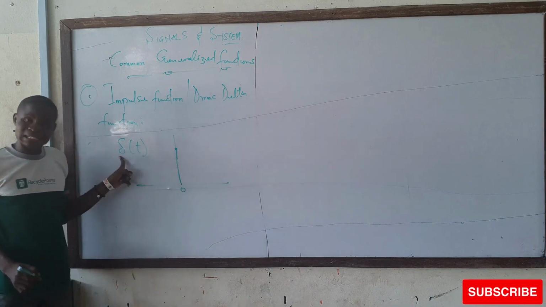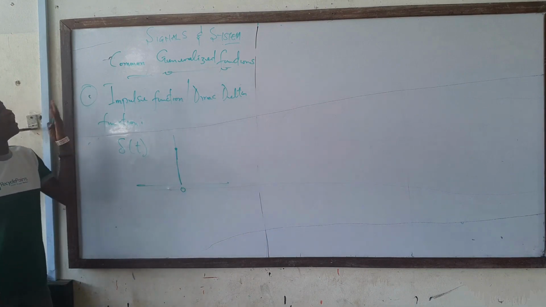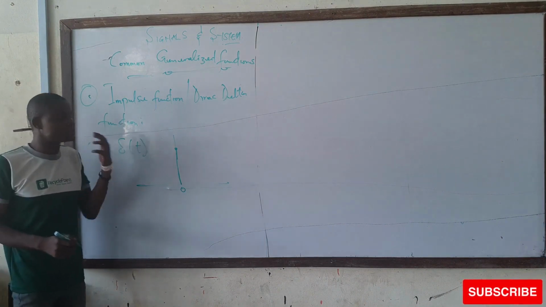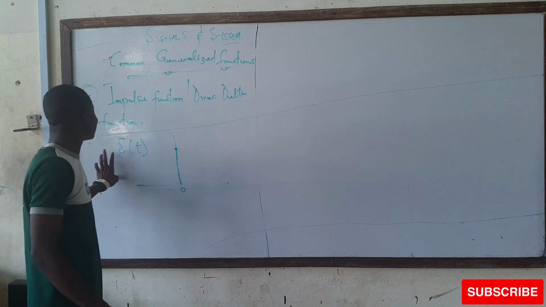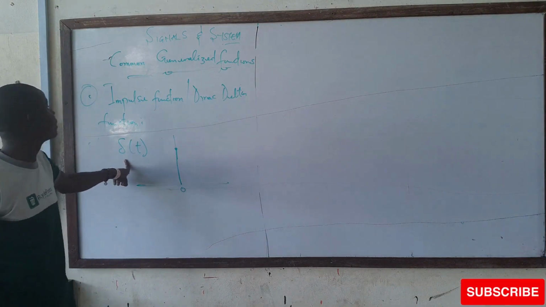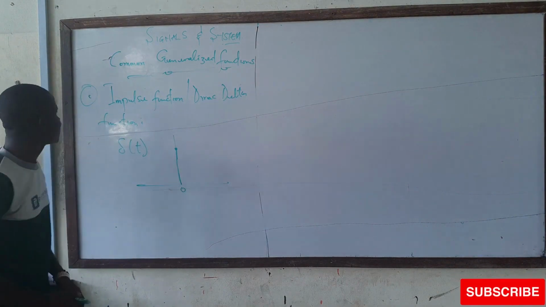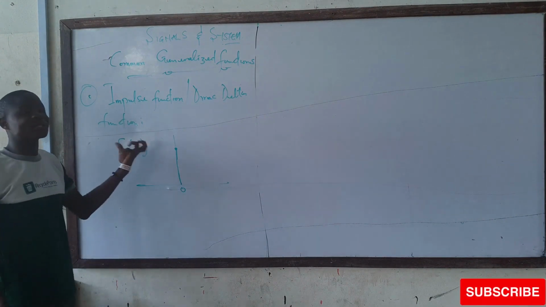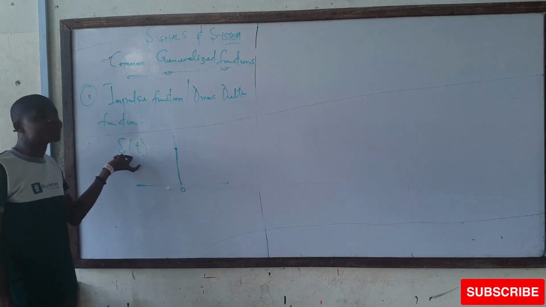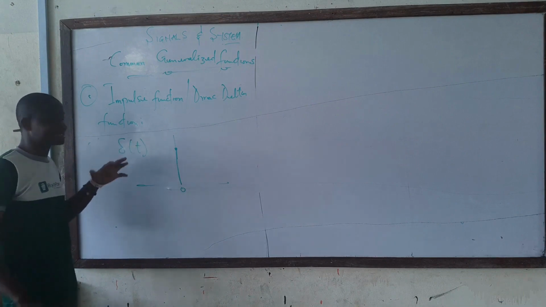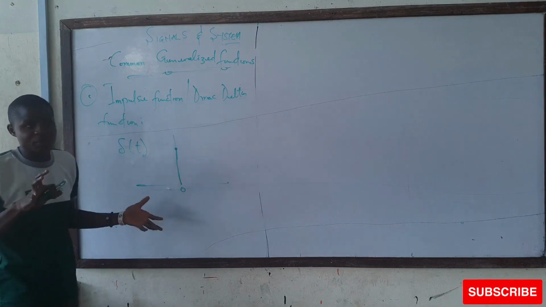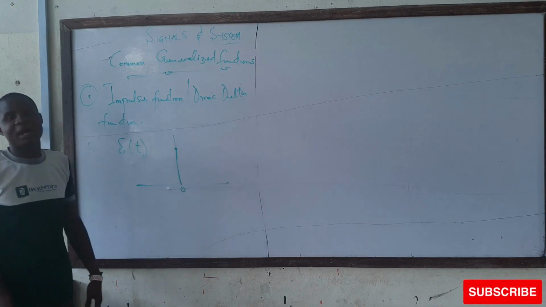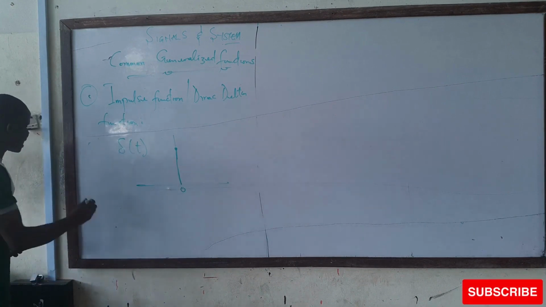This is the signal of interest in signals and systems, because it is very easy to get the response of a system by supplying an impulse function. Engineers generally use it to get the transfer function of a system, that is, the whole thing that is happening in the black box of the system, if you supply a Dirac delta function, or you call it the impulse function.